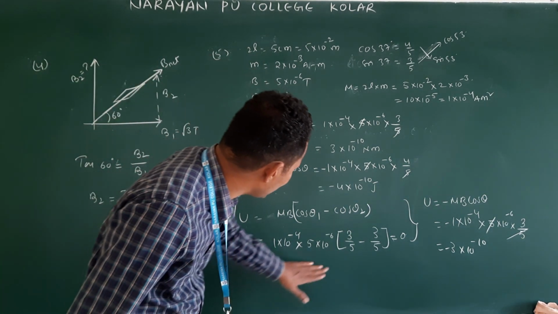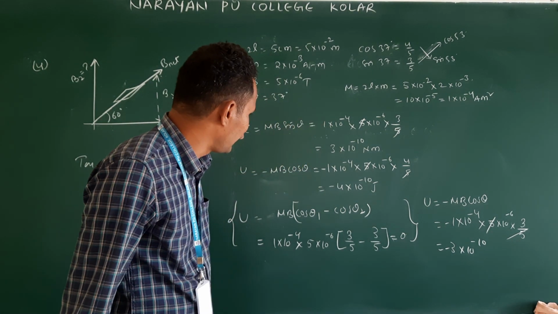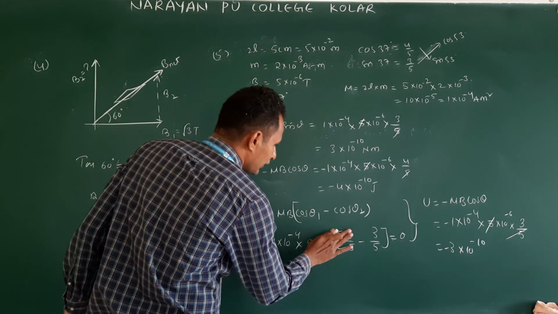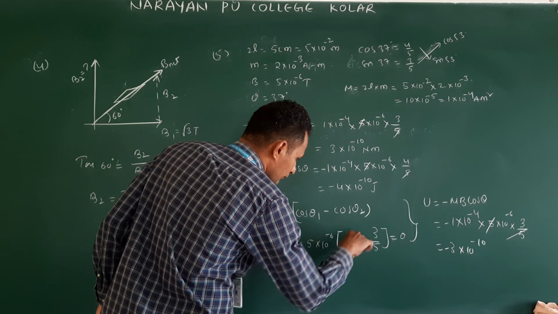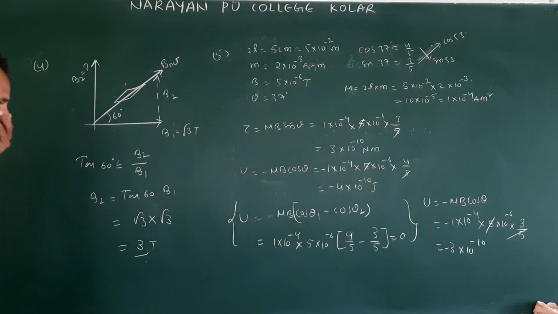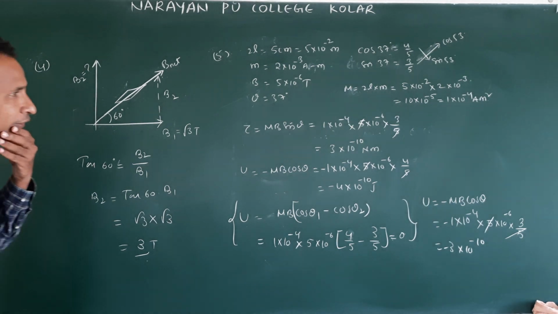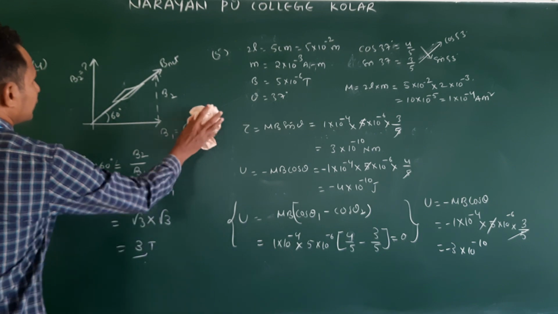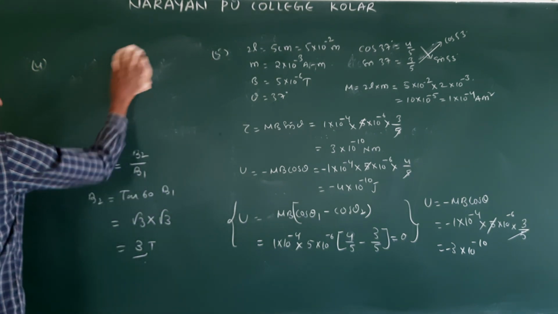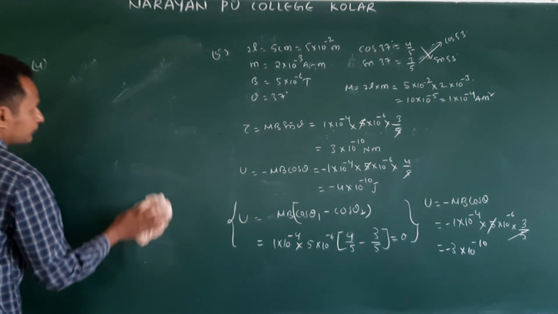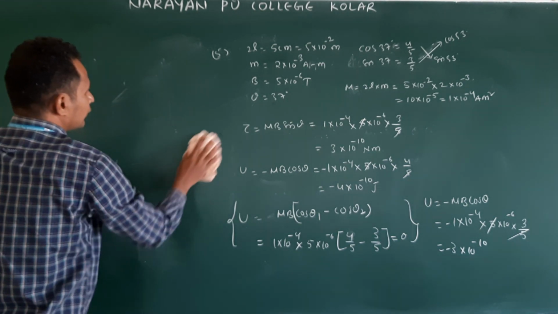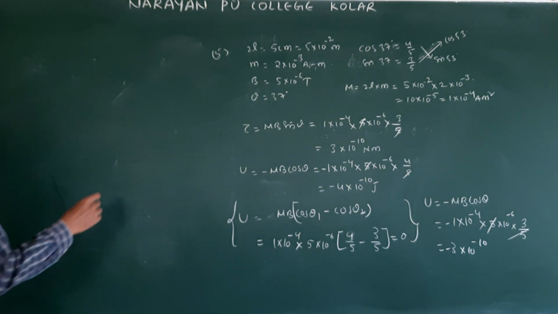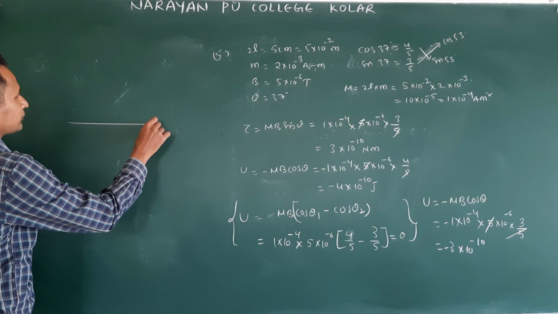Now here, do you find the difference? Cos theta 1 is what? Cos 37. Cos 37 is what? 4 by 5. Okay. Here there is a confusion in this question. See, fourth question.